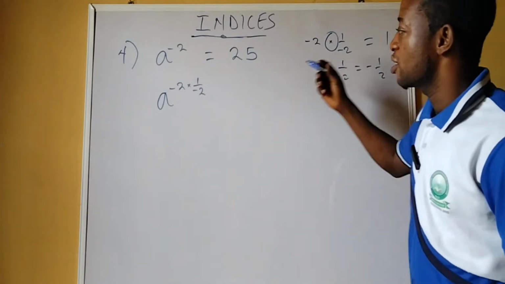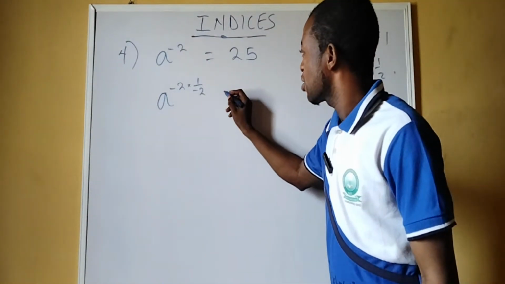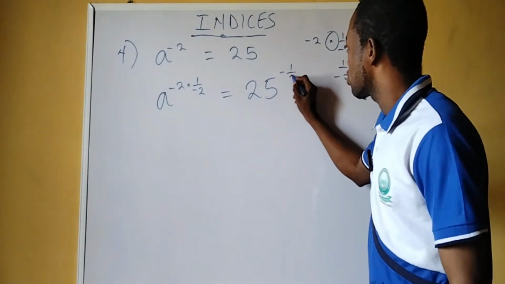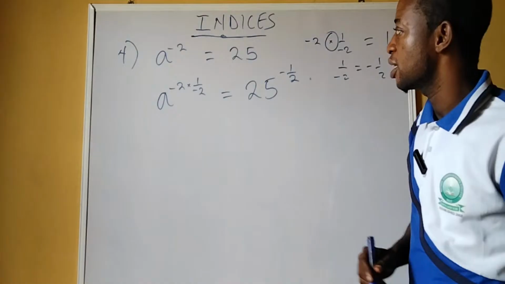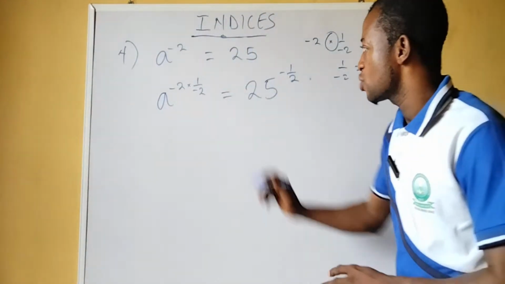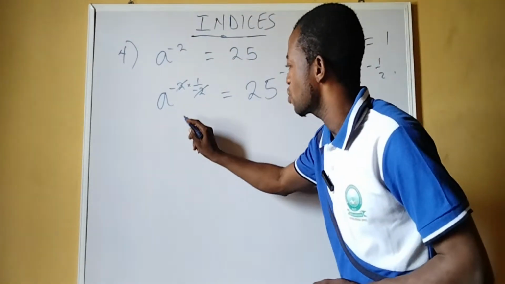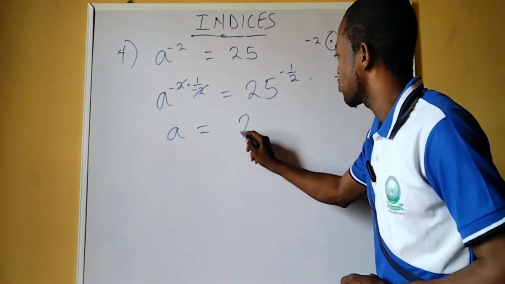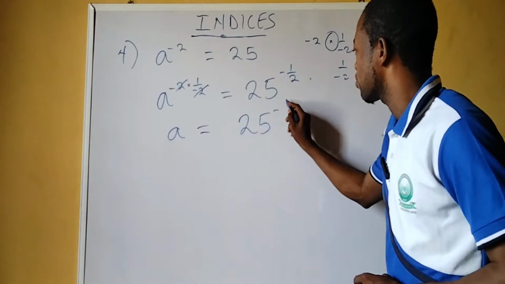Then it equals 25 raised to power minus 1 over 2. This makes these powers cancel each other. So a is left here, and we have 25 raised to power minus half.